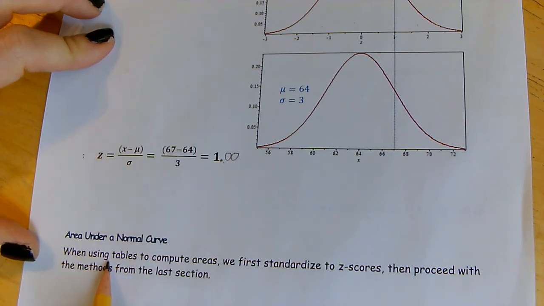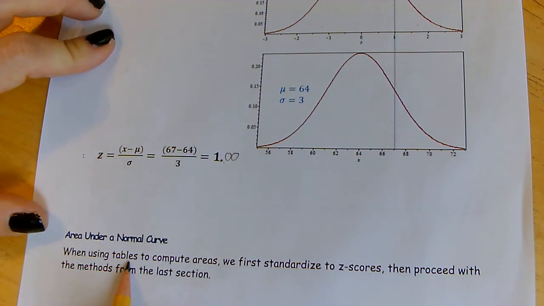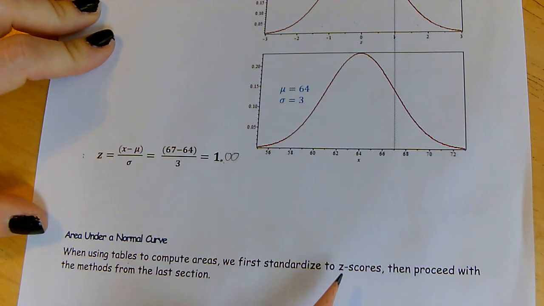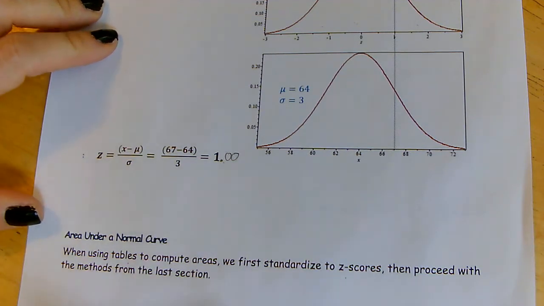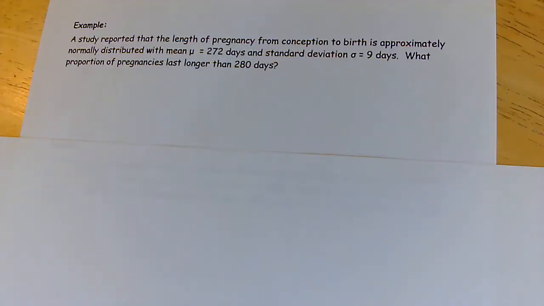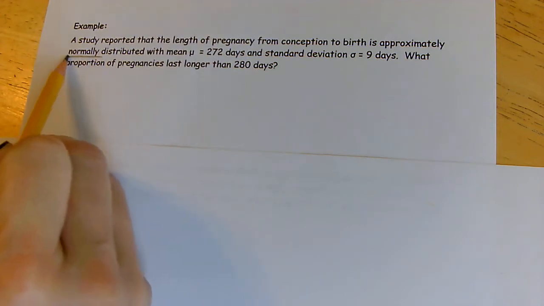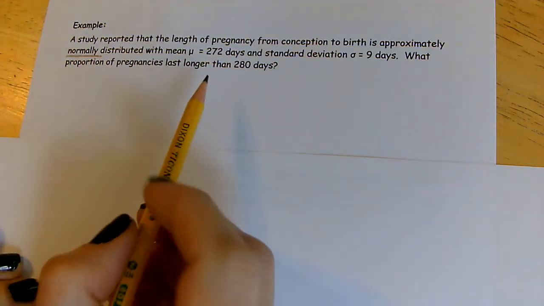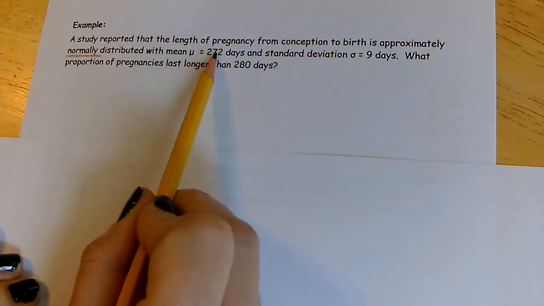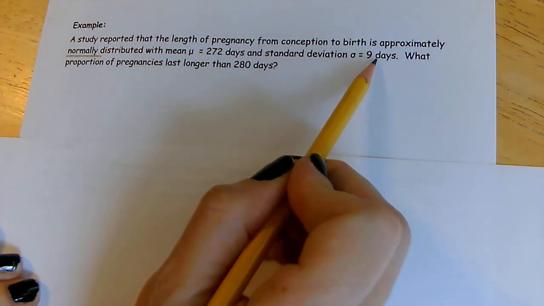So we're going to use the table or technology to compute areas. First, get your z-score, use the table. So let's do an example. A study reported that the length of pregnancies from conception to birth is approximately normally distributed with a mean of 272 days and a standard deviation of 9 days.